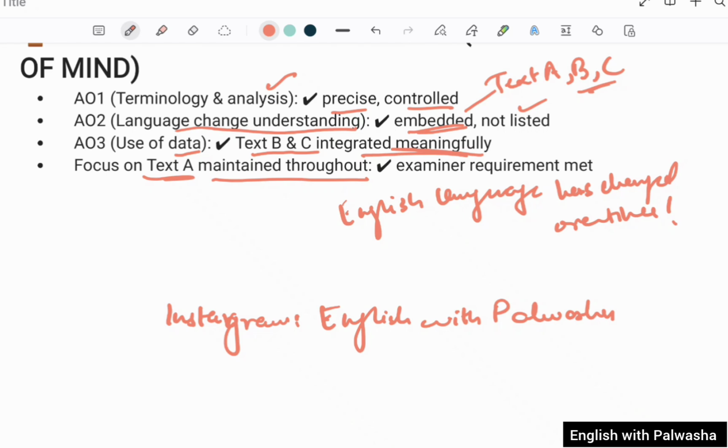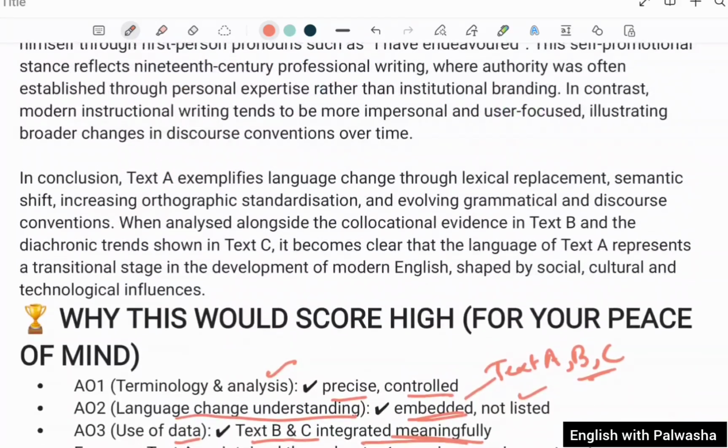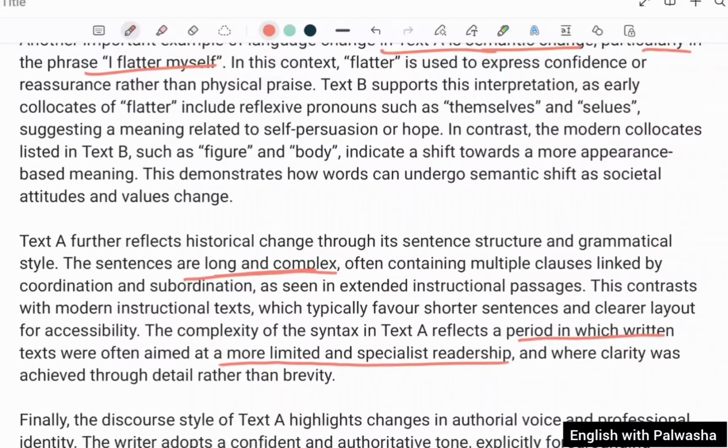I'm sure this session was useful for you, but you need to have lots of notes for 9093 or a book, which I've already mentioned in my previous videos. If you have a book, if you have some notes, and if you don't have any notes, still, this is a world of AI, my dear friends. You can search out how English language has changed over time. You can search out a lot of things on Google.